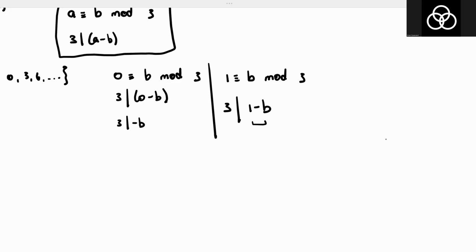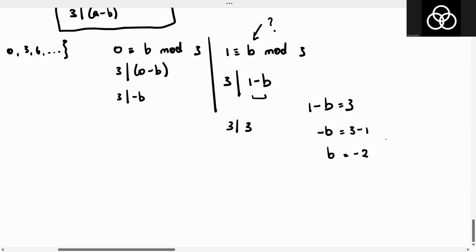So what are our B values? We want this to be a multiple of 3. So if 1 minus B is 3, then minus B is equal to 3 minus 1, so B is equal to minus 2.